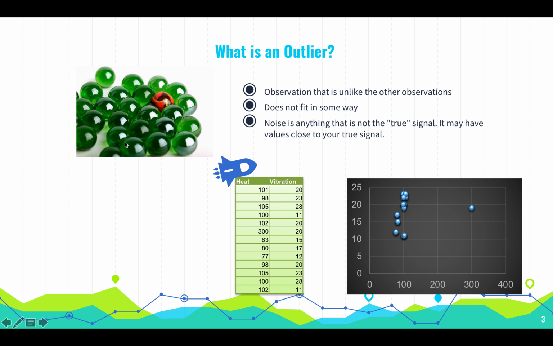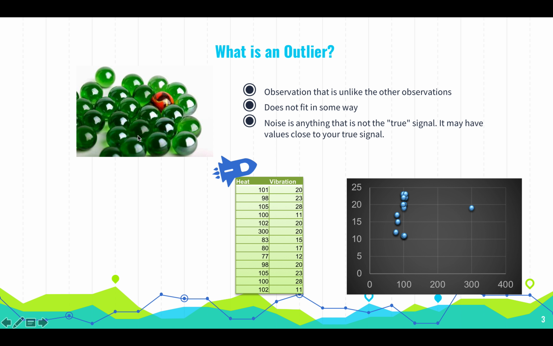So if I analyze this picture, this green color marble is normal data, and this red one is an exceptional data. That is my outlier data, and these light balls on the edges look like noise, which are basically nothing but green marbles, but they somehow don't fit this shade, but still they are green marbles, so this is noise.